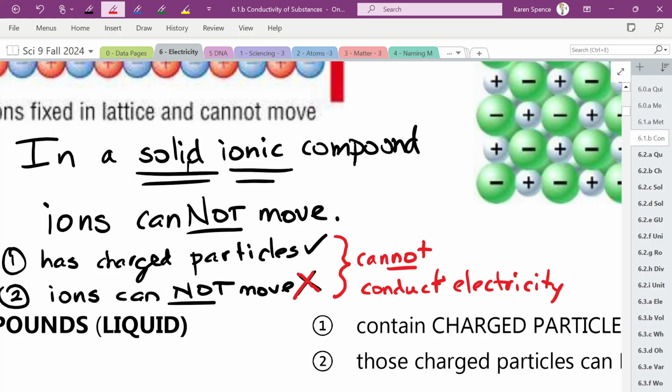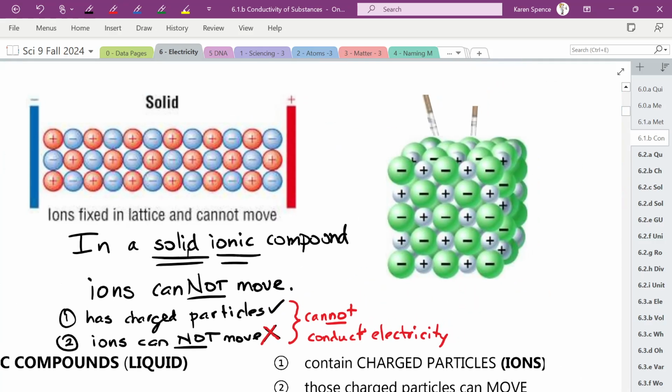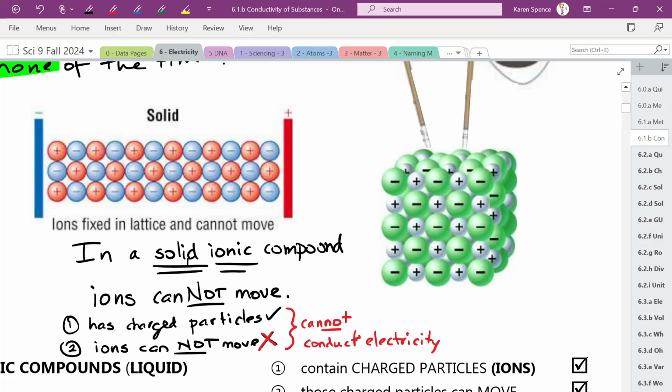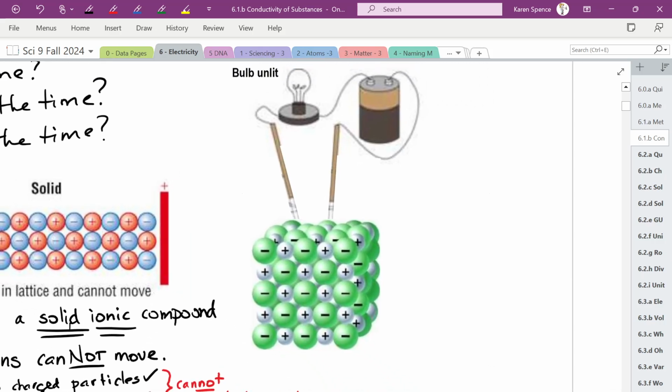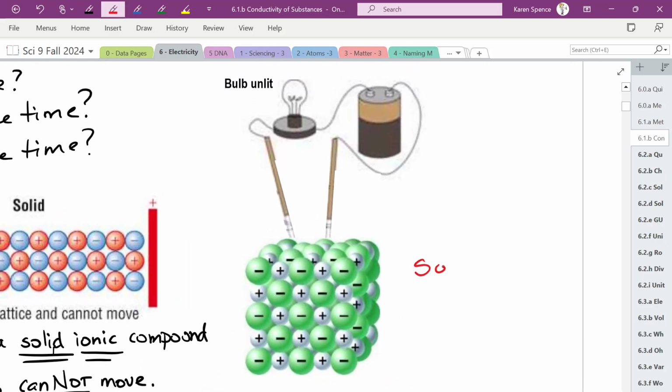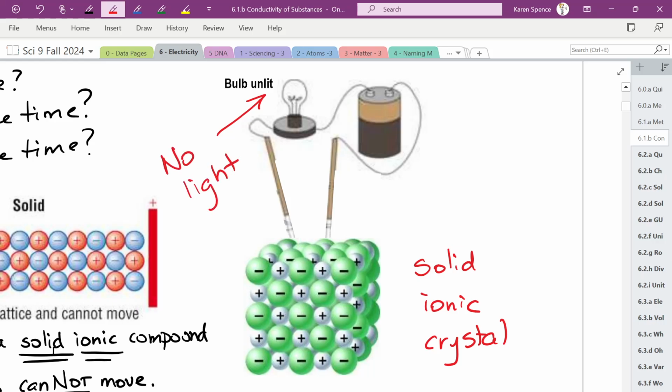Do you guys remember what happened when we put the 2 wires onto the blue crystal yesterday? Nothing. There was no light. Okay? So if we look here, here's our solid ionic crystal. There is no light. And why is that?